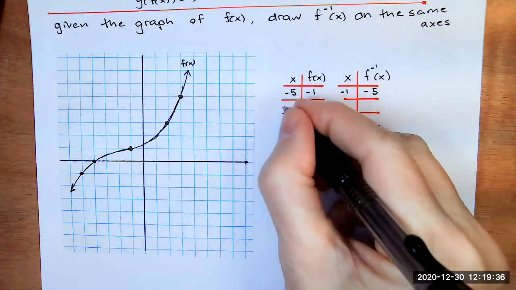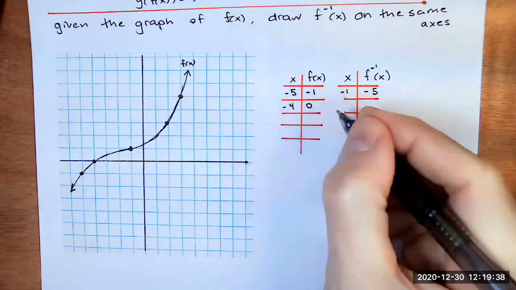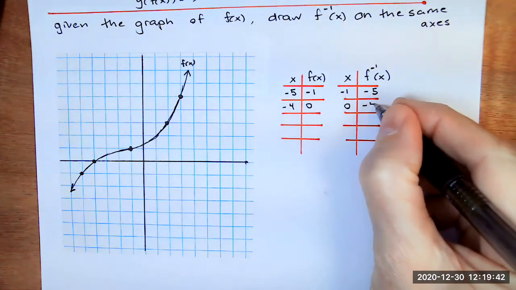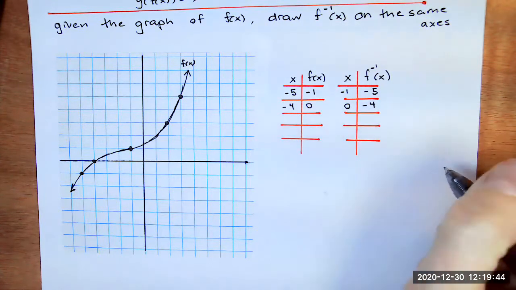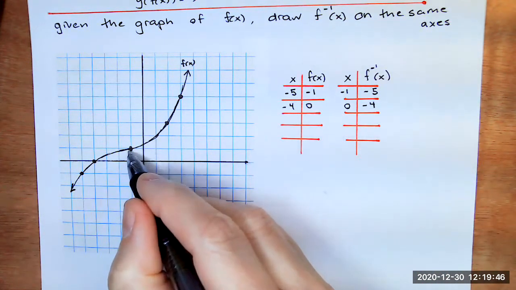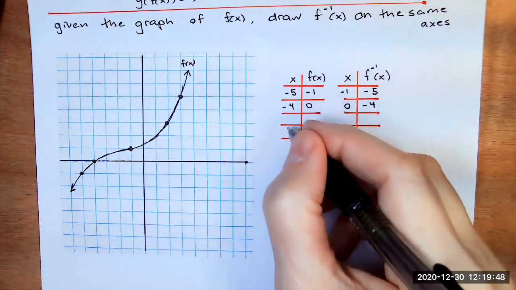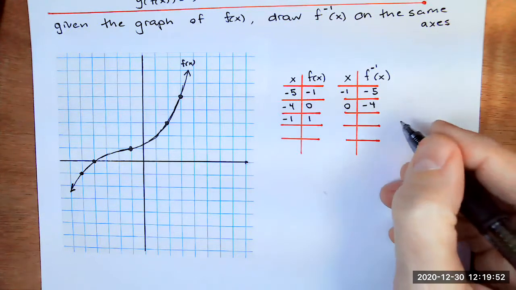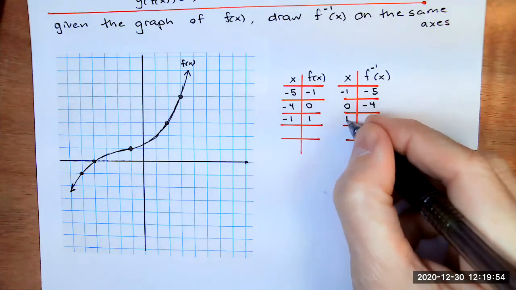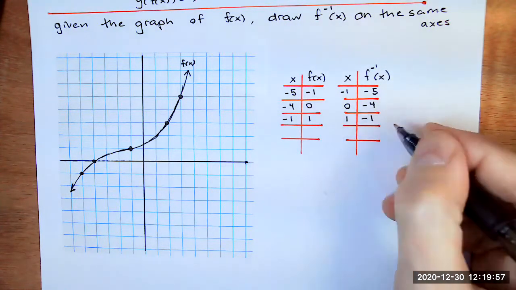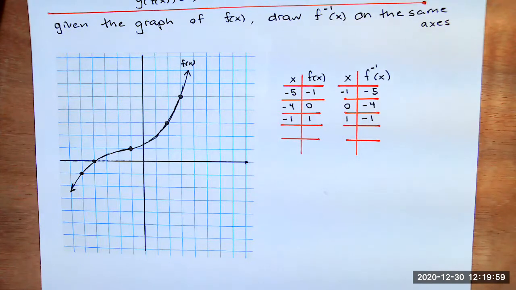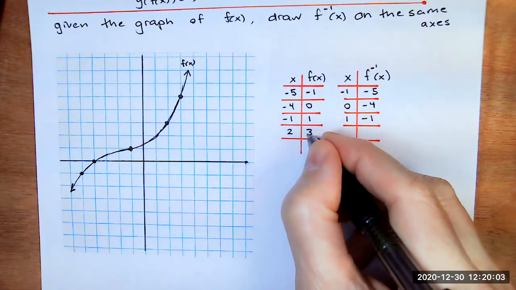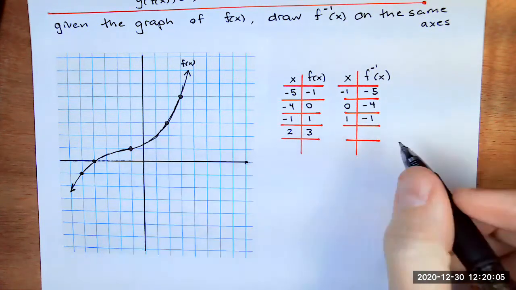All right, so we have -4, 0 here. So that means that 0, -4 is on the inverse. -1, 1 is on the original function. So that means 1, -1 is on the inverse function. 2, 3 is on the original function.